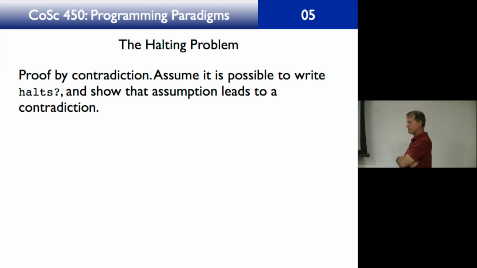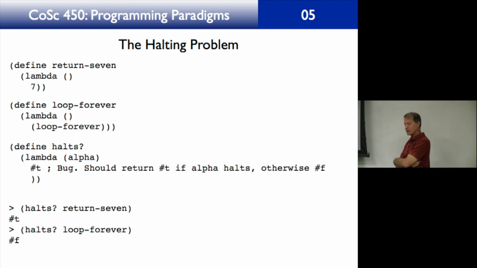Are you with me? Yes. We're going to assume that instead of having a bug here, I could put some code here, and if I put return 7 in, it'd be true, and if I put loop forever, it'd be false, right? We're going to assume that you can do that. Okay.